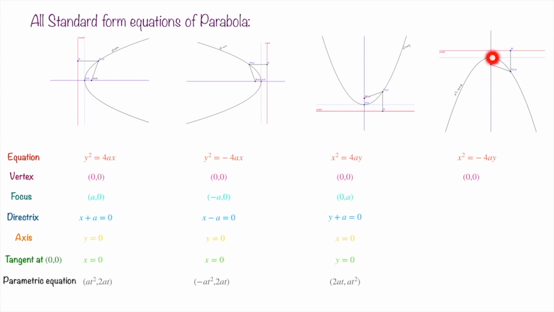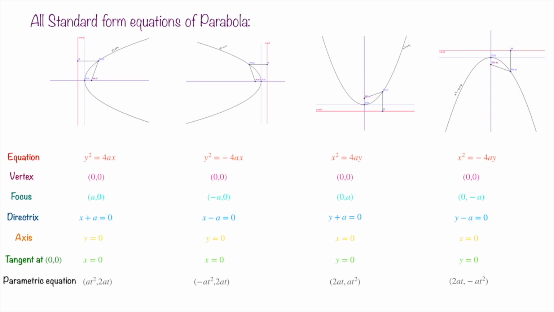Here the vertex is 0 0, focus is 0 comma minus a, directrix equation is y minus a equal to 0 and axis is again y-axis whose equation is x equal to 0, and tangent at vertex going to be x-axis whose equation is y equal to 0, and here the parametric equation going to be x equal to 2at, y equal to minus at square.